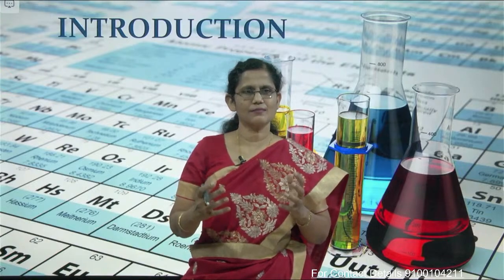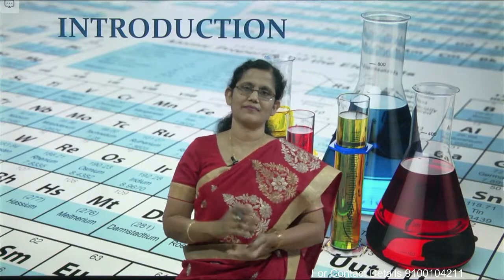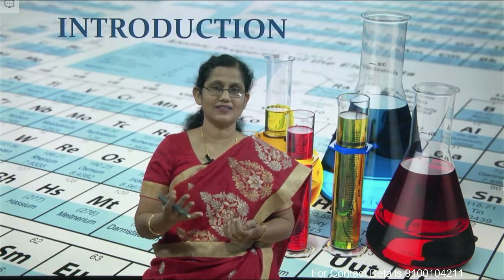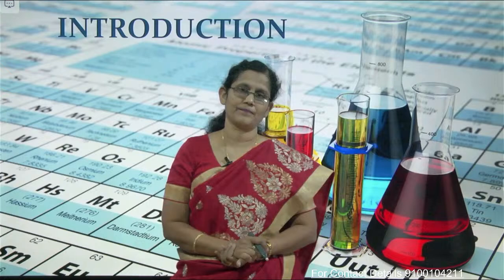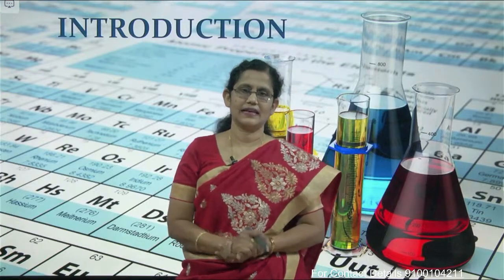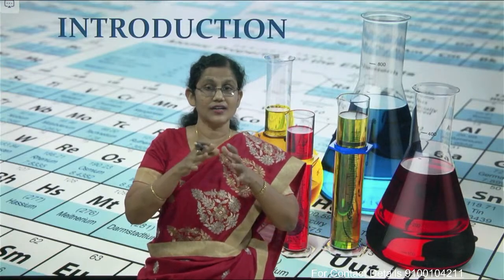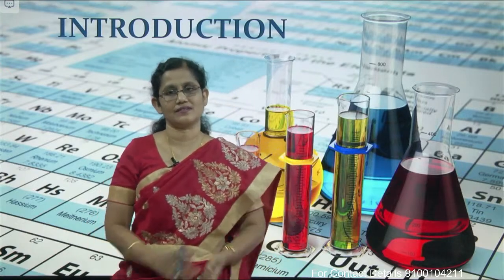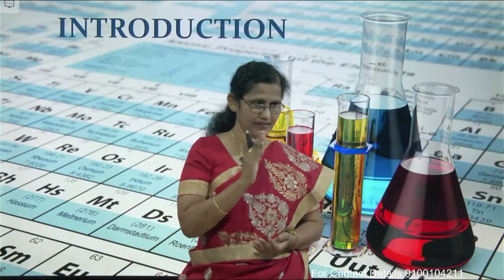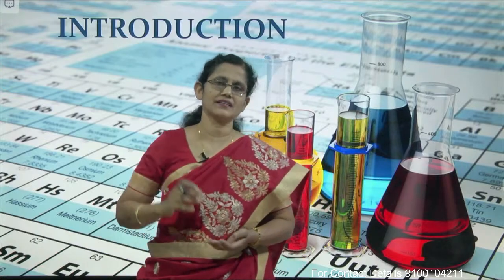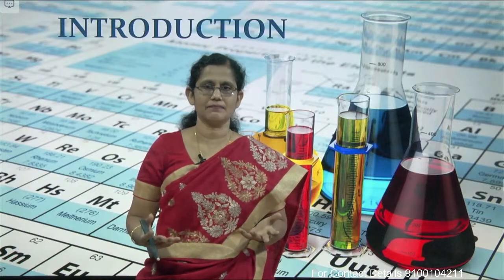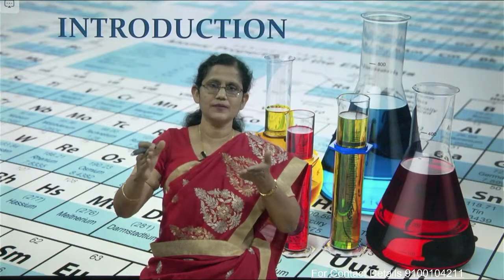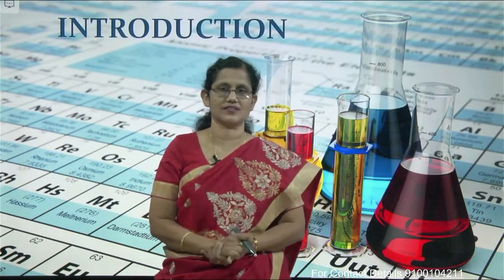When I think about chemistry, what comes to our mind? Atom, molecule, ion, electron, element. What is an element? An element is a substance which cannot be further divided into simpler substances. If I take, for example, copper or iron, we can physically break it into pieces, but we cannot change the composition.